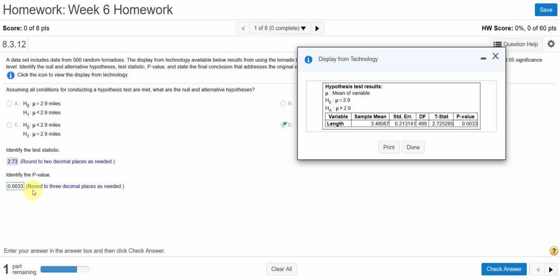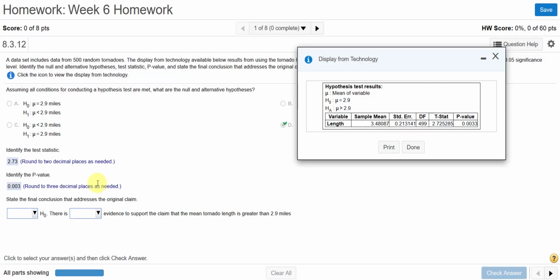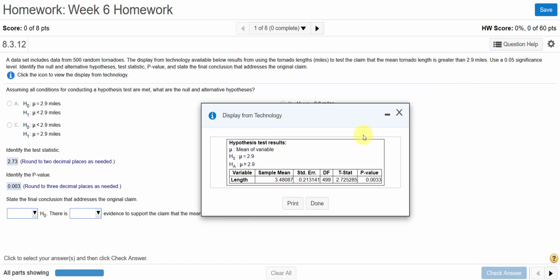Oops, actually they ask you for 3 decimal places. We have 1, 2, 3, 4, so let's use 3 only. Make sure you pay attention carefully here. Now, the answer is given as the p-value, and we also know that alpha, the significance level, is 0.05 in this case.